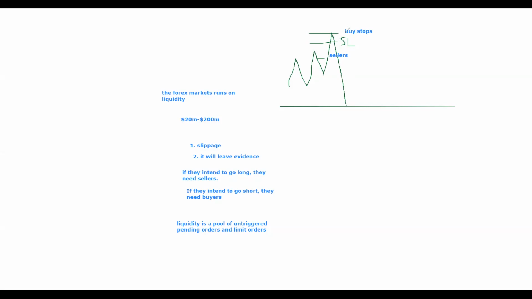Then those that are putting buy stops here, once the order is triggered, it floods the market with lots of buy orders. That's orders to go long. This stop loss being triggered means orders to go long. So what do the institutions do? They sell into those orders. So there's a big liquidity of long, a large pool of long liquidity here.